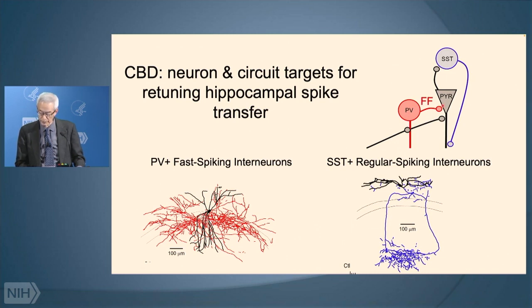So that's feed-forward inhibition. And then after the pyramidal cell fires, or if it fires, the somatostatin neuron is caused to release GABA far away from the cell body, transferring an input in one layer of the hippocampus to an inhibitory input in a different region of the hippocampus.